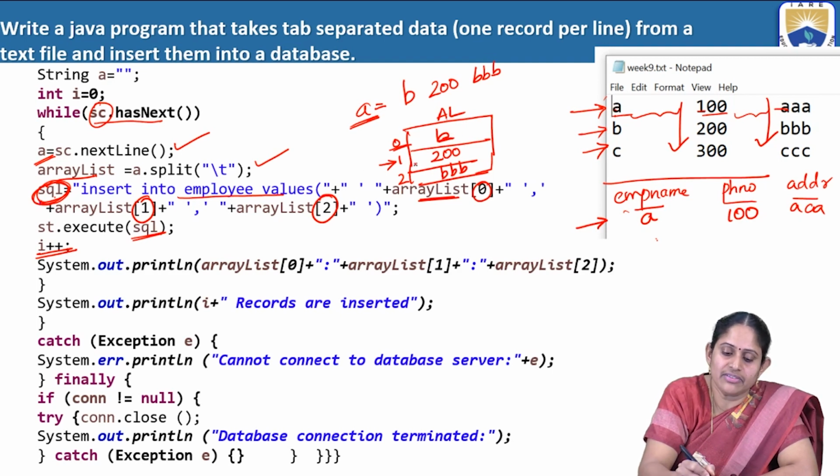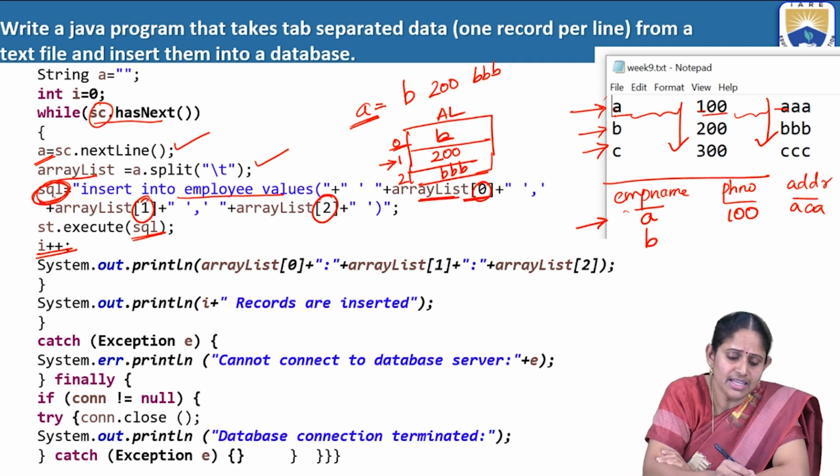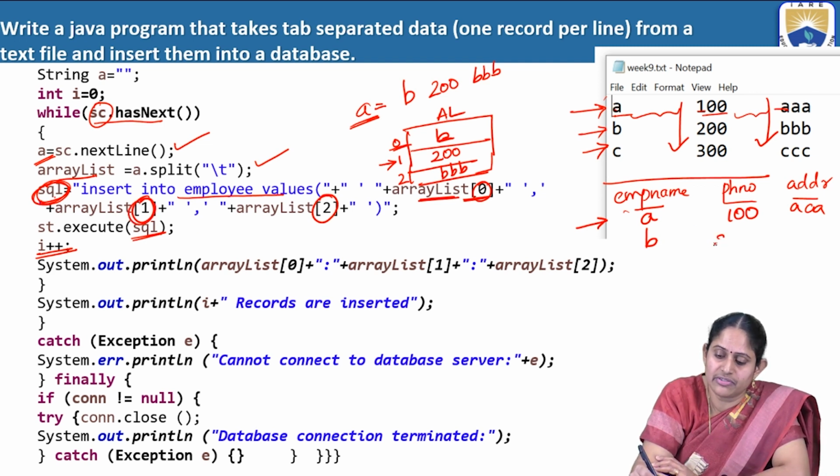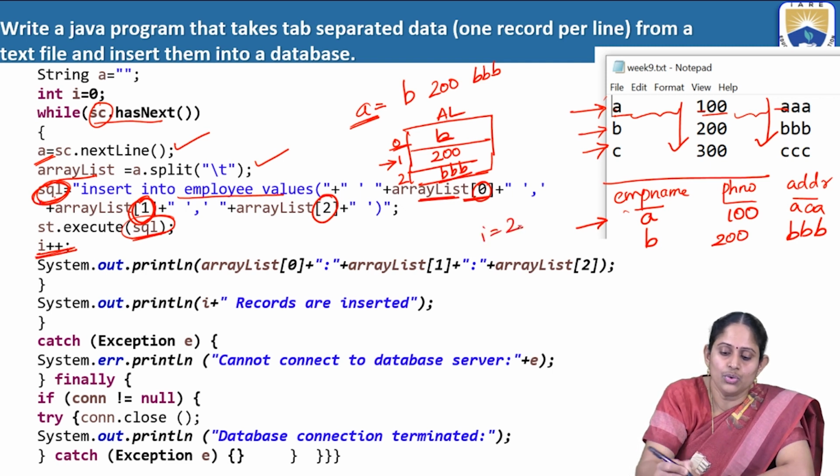So array list 0 is B, so B will be inserted into the employee name. Then array list 1, so 200 will be inserted into phone number, and BBB will be inserted into the address part, once we execute this query. Once we execute that SQL statement as a query, then again the I value is incremented, so I will become 2.